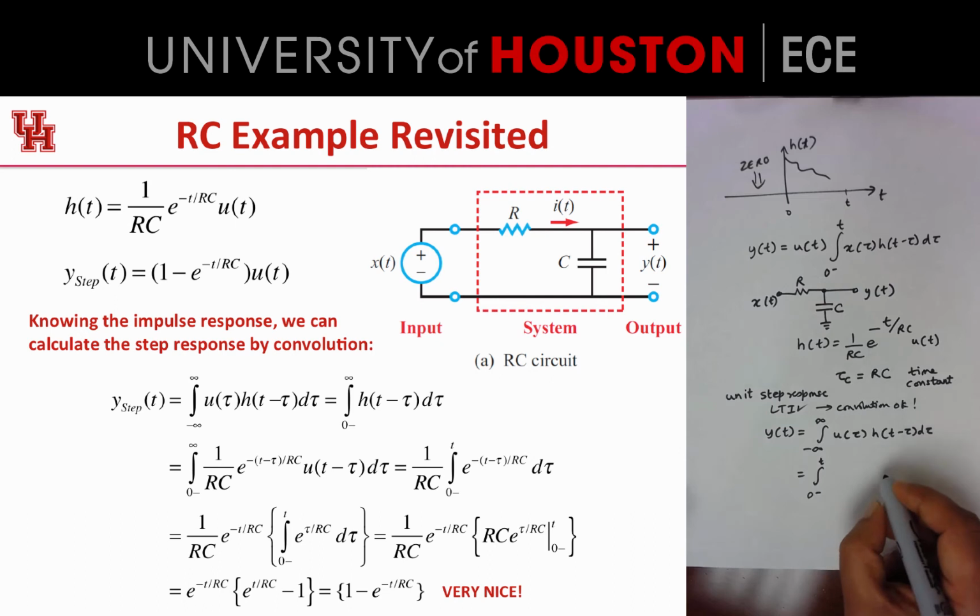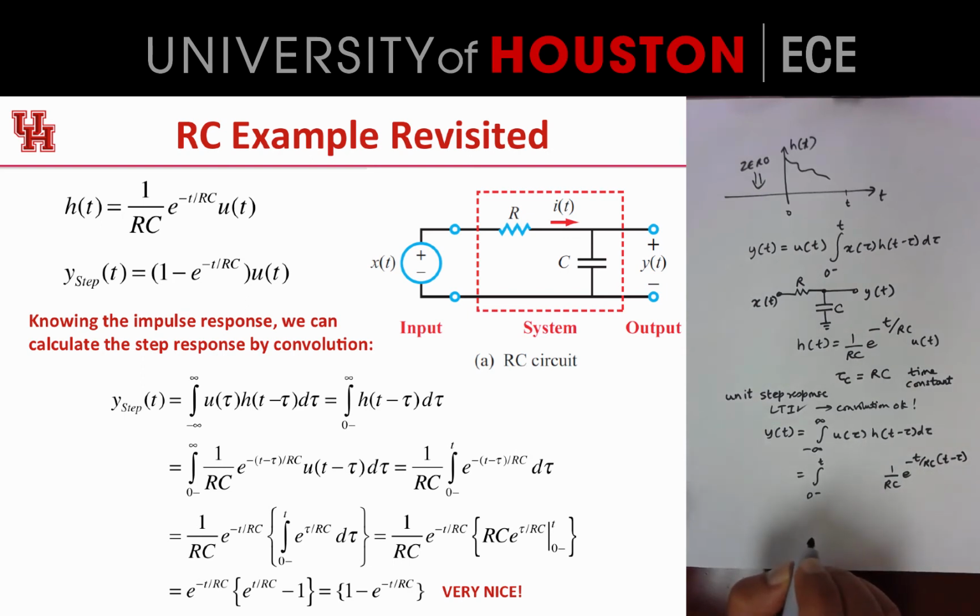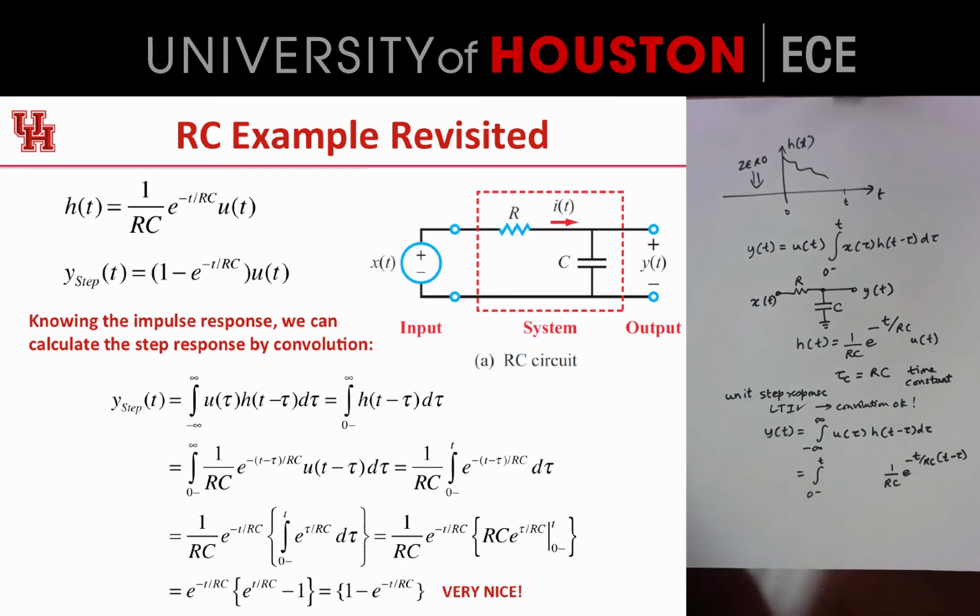So h of t minus tau is given by 1 over RC e to the minus t minus tau over RC, and this is multiplying the unit step. Oh, there's a typo on my formula here.